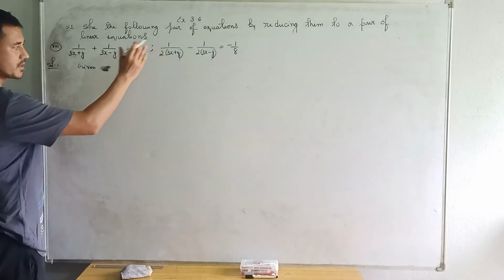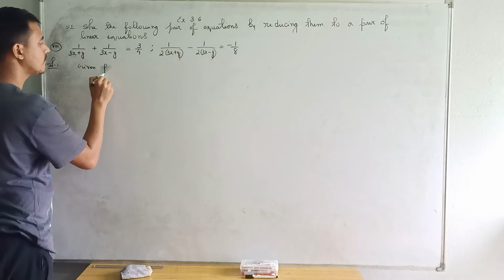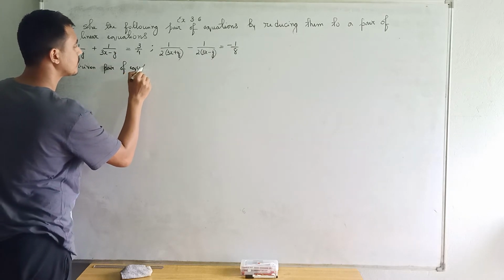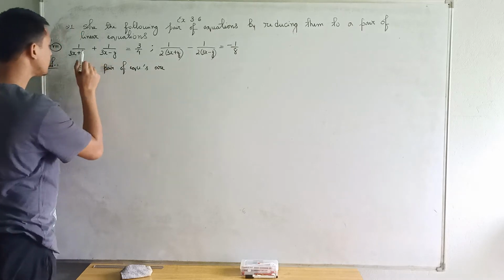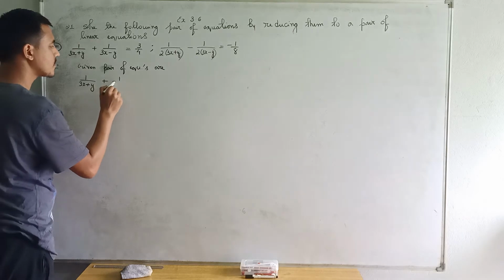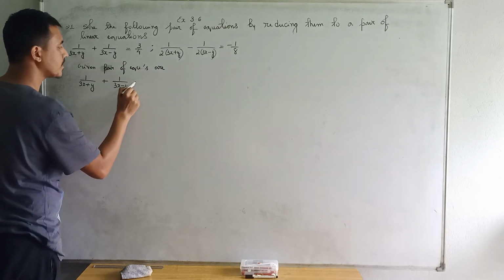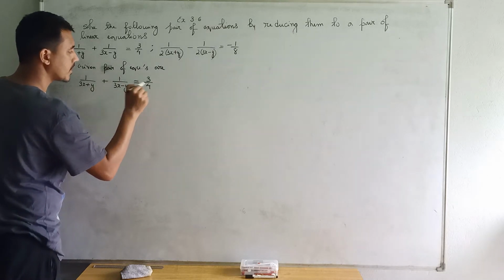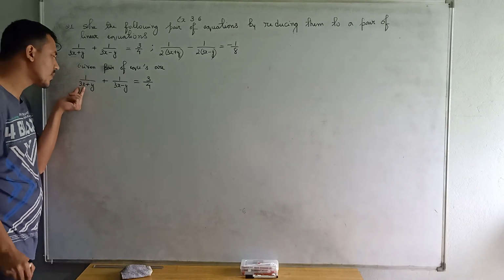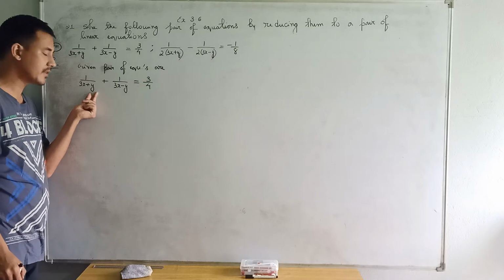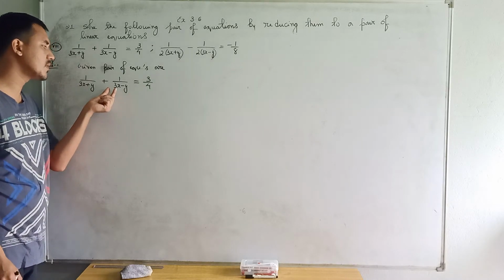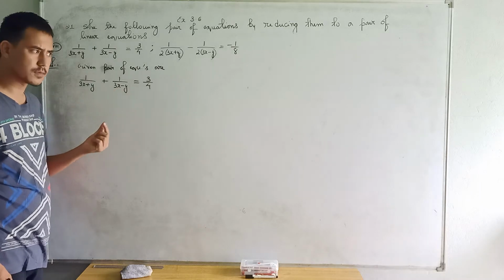You have a pair of equations, right? So given pair of equations are 1 upon 3x plus y plus 1 upon 3x minus y is equal to 3 by 4. Now we see here, your denominator has been expressed as the sum of two variables in this case, whereas in this case your denominator has been expressed as the difference of two terms.